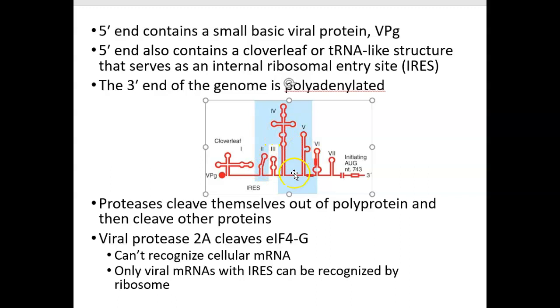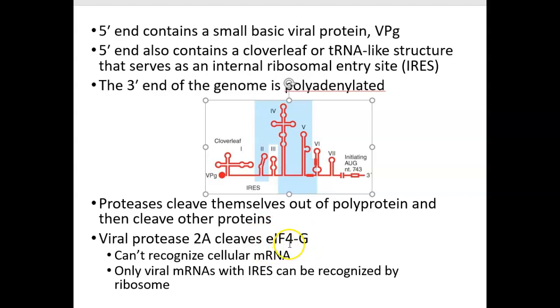Now, the internal ribosomal entry site is really important. This was actually, I think, the first or one of the first IRESes that were discovered. And this IRES allows cap-independent translation. This is important, the structure of this IRES, because one of the viral proteases, viral protease 2A, is going to cleave eukaryotic initiation factor 4G.